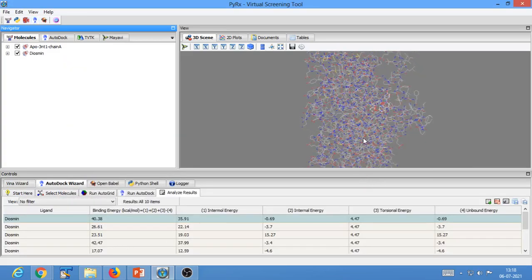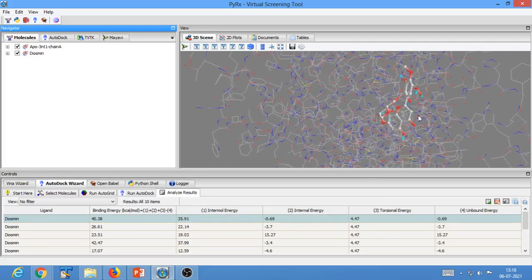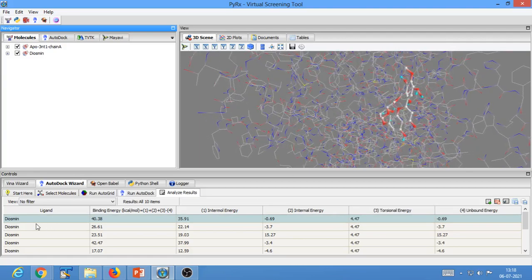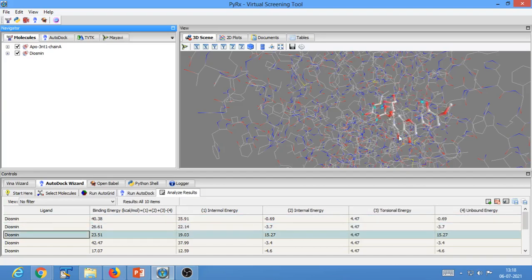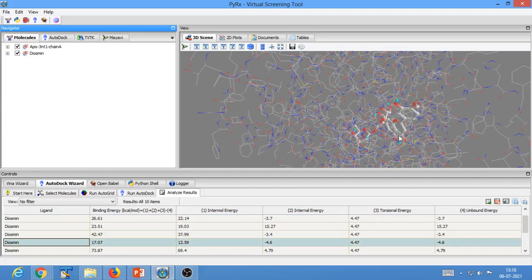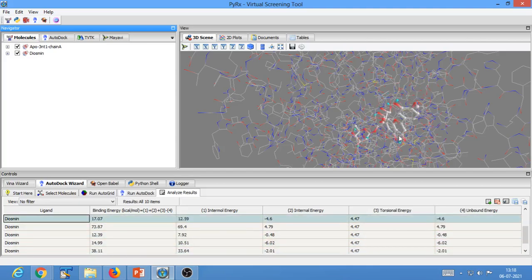As you can see, the ligand now appears in stick representation. This is the first pose of this ligand. Then this ligand can orient in a different pose. This is the second pose, third pose, fourth pose, fifth pose, sixth pose, seventh pose, eighth pose, ninth pose, 10th pose. I have recorded the 10 best poses in which this ligand can orient itself into the active site of the target protein.